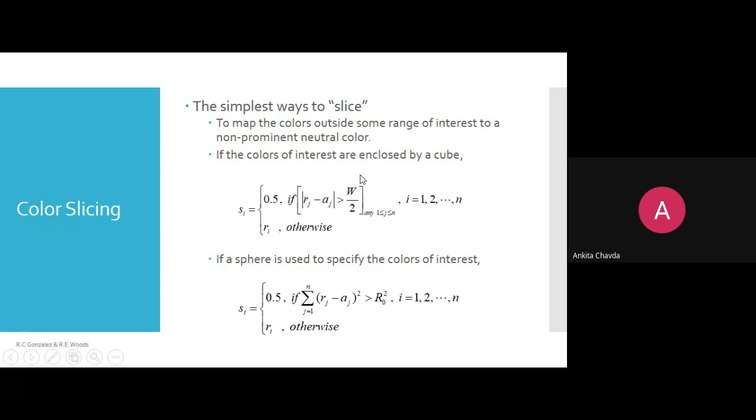If your values are greater than W by 2, whatever width you are saying, then you are applying this 0.5. If your Rj minus Aj is some fixed radius or some fixed value you are specifying, and the width of that, then in that range.